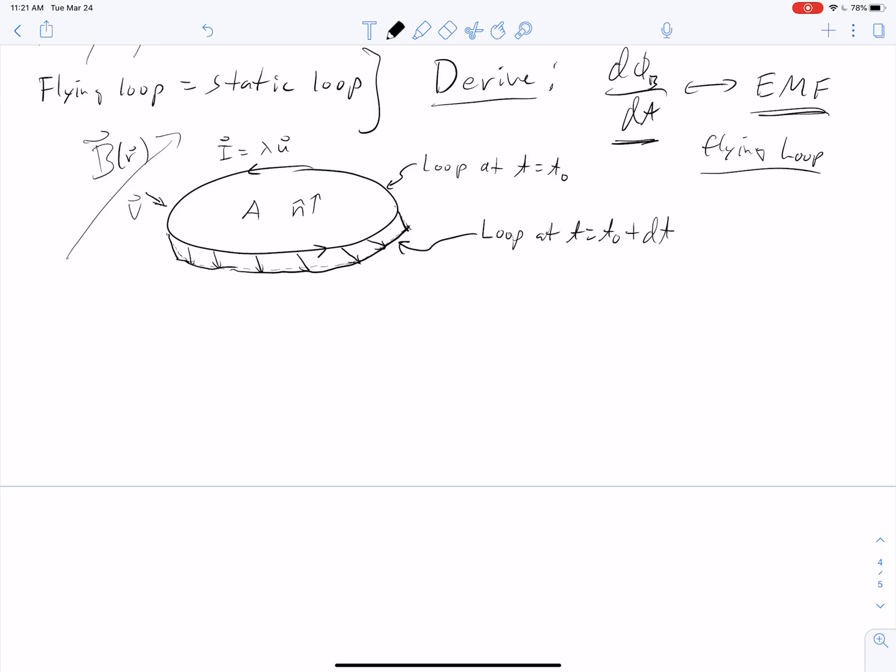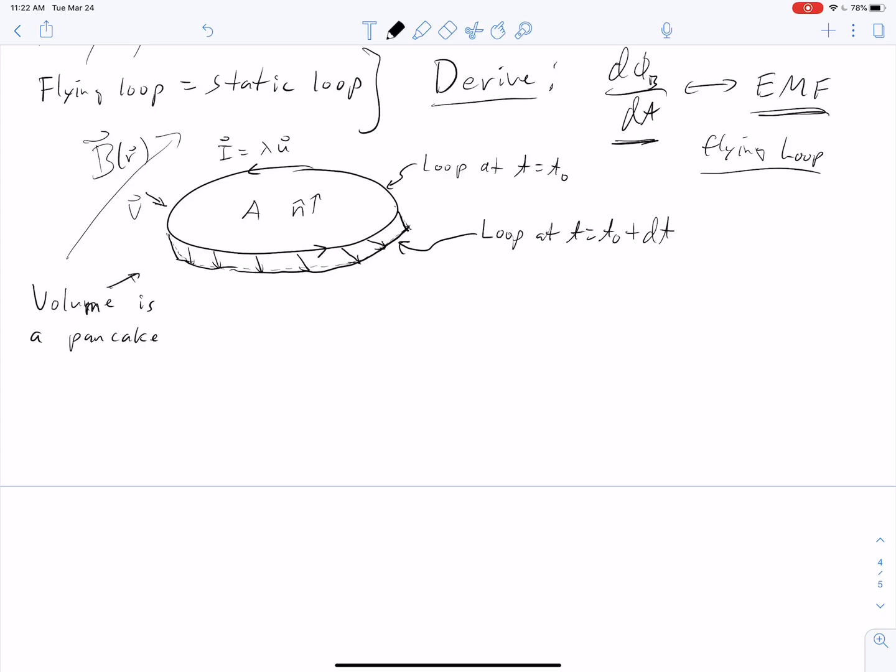And so in this new location, what I can see is that I have a pancake. There's a volume here, and the volume can be thought of as a pancake.